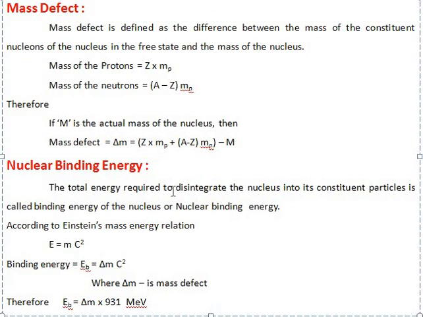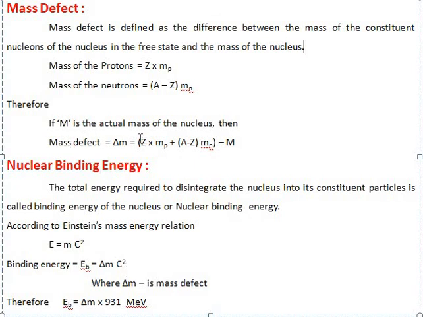The total energy required to disintegrate the nucleus into its constituent particles is called binding energy of the nucleus, or nuclear binding energy. So according to Einstein's mass energy relation, E is equal to mc square. So binding energy EB is equal to delta M into c square. That is the mass defect.